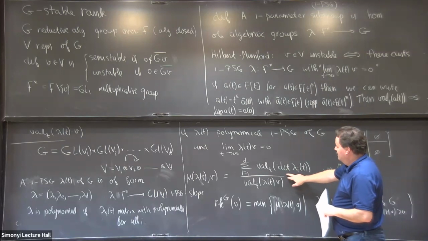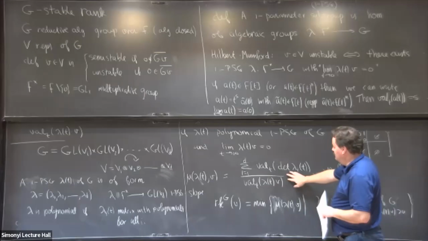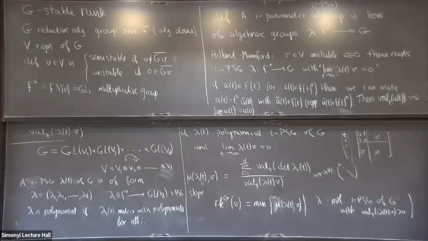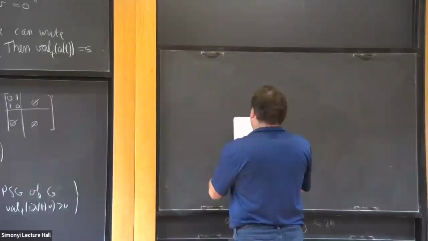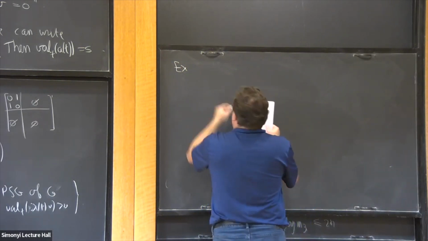So the slope doesn't have to be an integer. And in fact, it's not. If it's a minimum, it would be a rational number. If it's an infimum, it could even be a real number. But in fact, it is a minimum. But anyway, let's look at the following example.